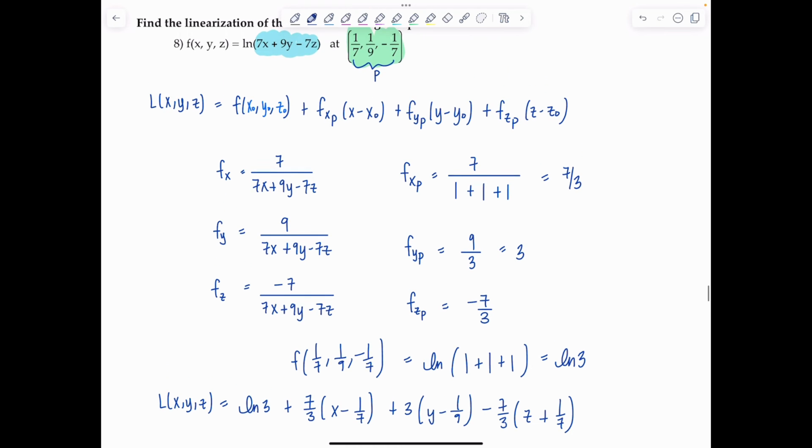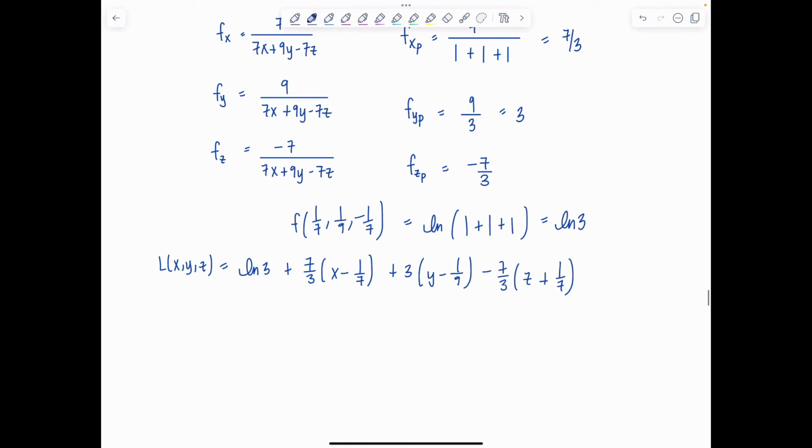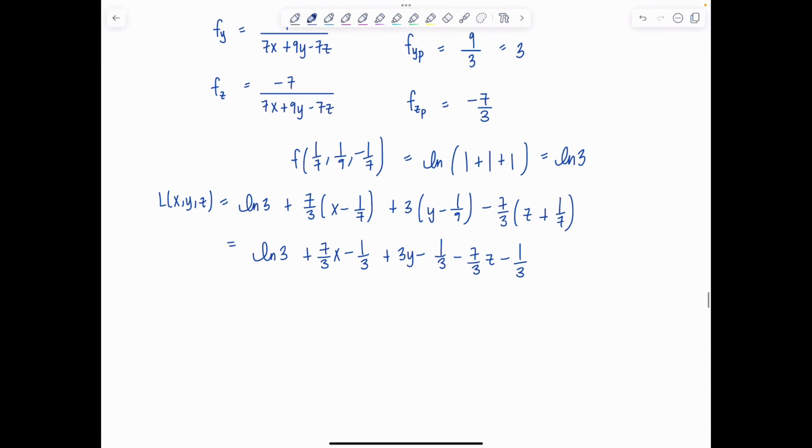Yes? Yes, Professor V. Okay, so then what's this going to be? Let's clean her up. ln of 3 plus 7/3 x minus 1/3 plus 3y minus 1/3 minus 7/3 z minus 1/3 again. Oh my goodness.